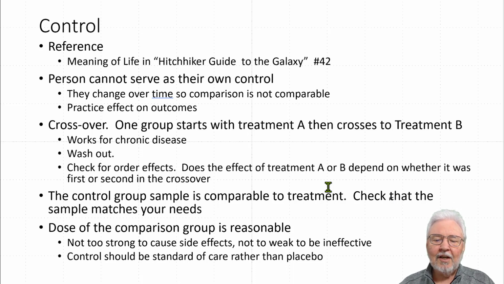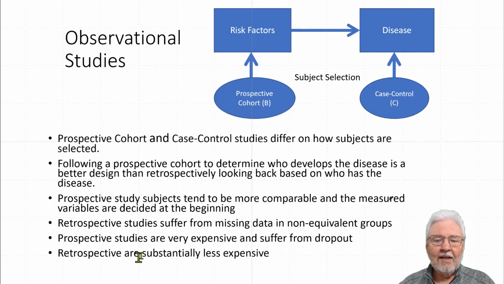A trick that drug companies use is they use a standard of care, but the dose is too strong and it causes more side effects. Or it's too weak and it's ineffective. The control should be the standard of care, and also a standard of care rather than placebo. You don't want to know if something's better than nothing. You want to know if something's better than what's being done now. So those are some things to consider there.